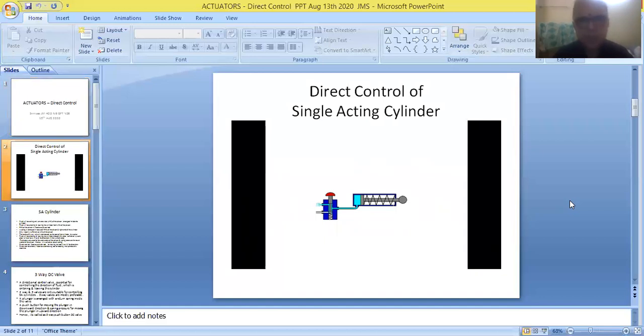So these hydraulic actuators or pneumatic actuators are called by different names.